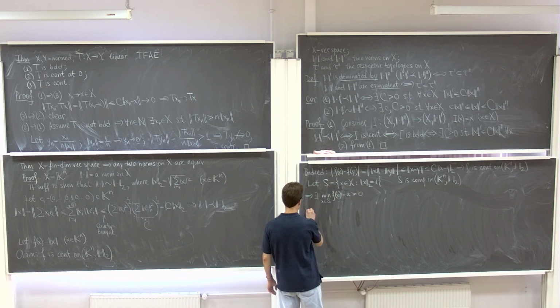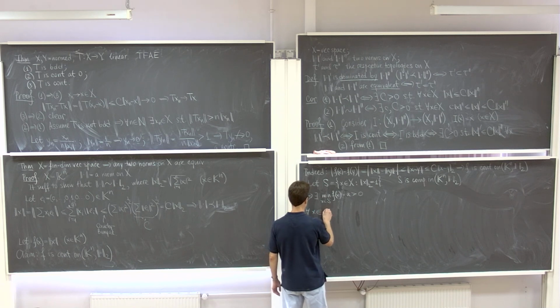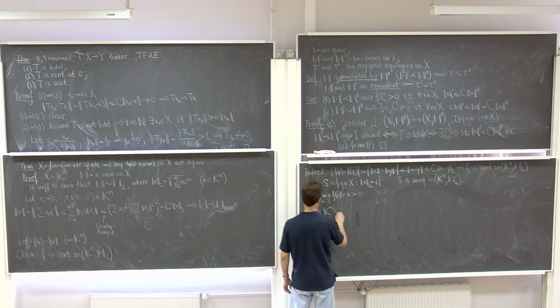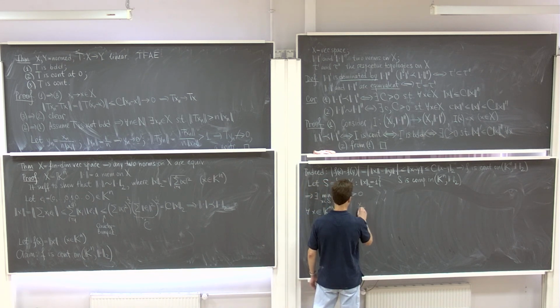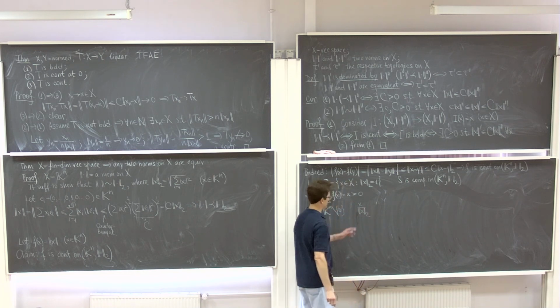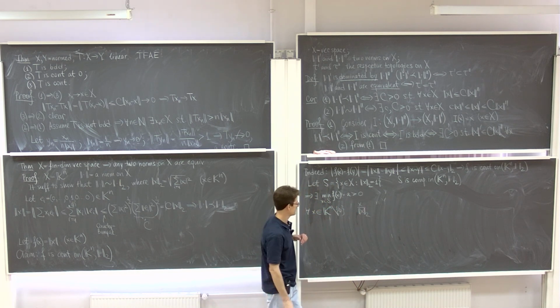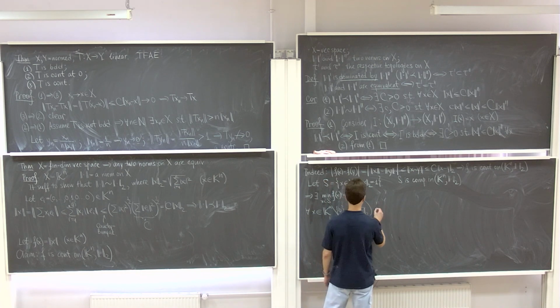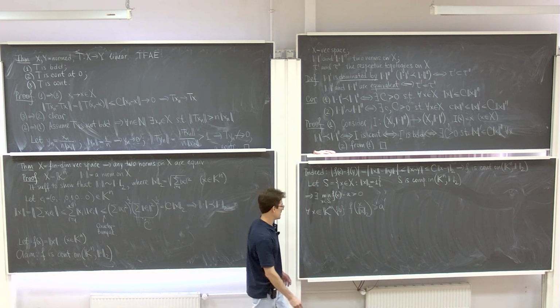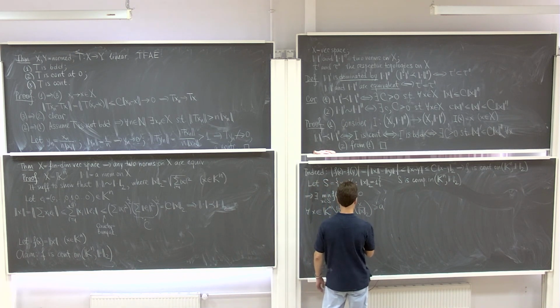And if we now take an arbitrary non-zero element in our space, we see that if we divide x by the Euclidean norm, then this vector will be on the sphere. So if we apply f to this vector, this will be greater than or equal to a. But what is this? This is exactly the abstract norm of x divided by the Euclidean norm of x.